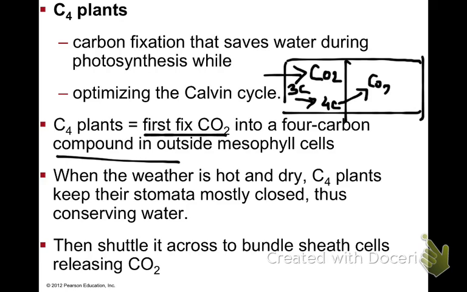This releases carbon dioxide here and comes back here and then is ready to take the next carbon dioxide molecule. This way it eliminates the waste occurring when oxygen and Rubisco get to meet. They try to avoid them meeting by separating them into different chambers.